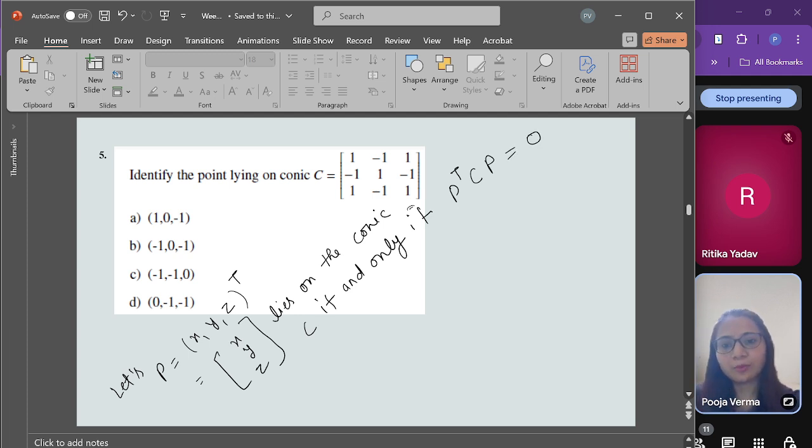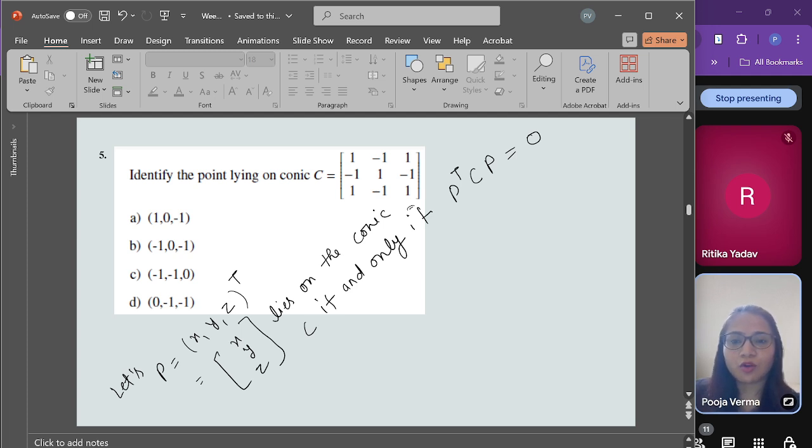That means the transpose of that point, multiplied by the conic and then by P in column form, is equal to 0. So if this calculation is equal to 0, that means that point lies on the conic C.